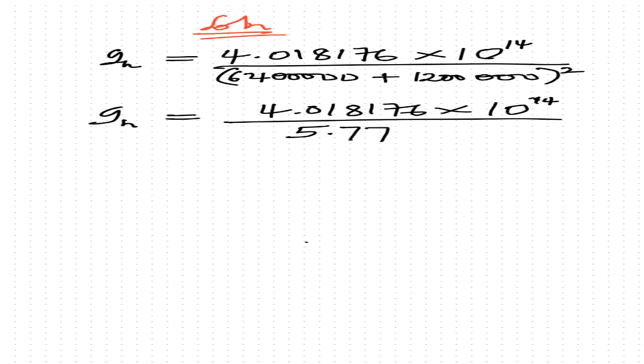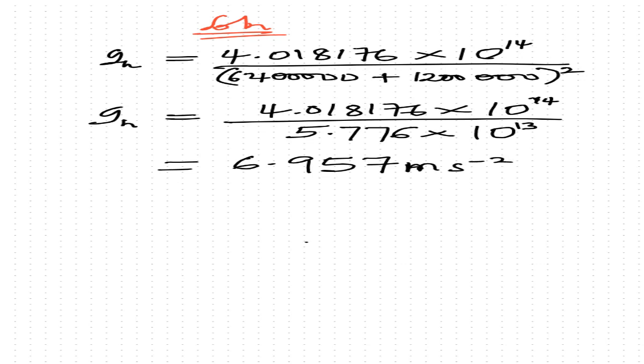Please verify with your calculators. And when you divide this, you are going to get 6.957 meters per second squared to 3 decimal places.